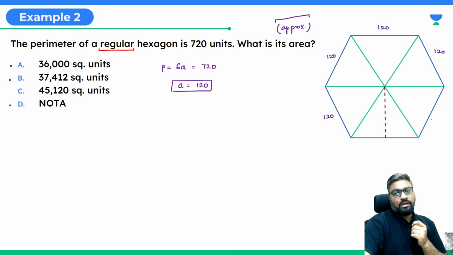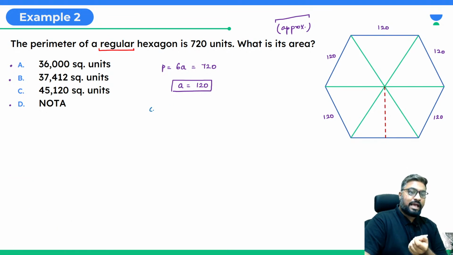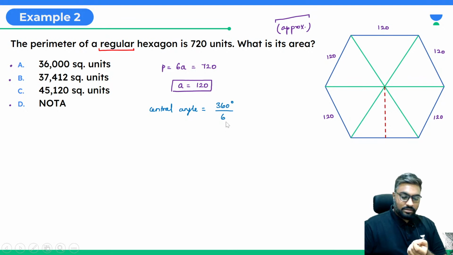Now what do we have to do? We have to find out the area of this particular hexagon. Now what do we know about a hexagon? Can I say the central angle is going to be 360 degrees by 6, because there are 6 triangles here, 1 2 3 4 5 6.